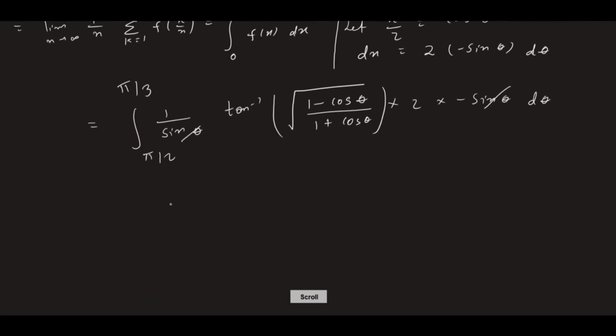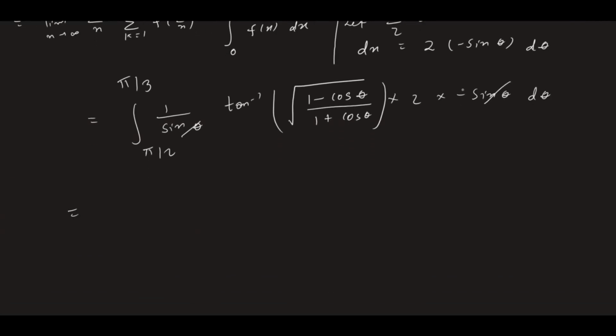The negative sign will switch the upper and lower limits, so I will have 2 times the integral from pi by 3 to pi by 2 of tan inverse. Now 1 minus cos theta is 2 sin square theta by 2, and 1 plus cos theta is 2 cos square theta by 2, so this will be tan theta by 2.